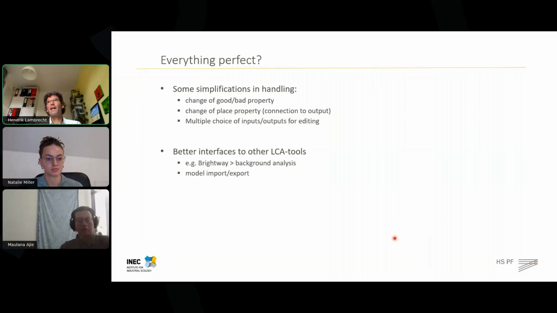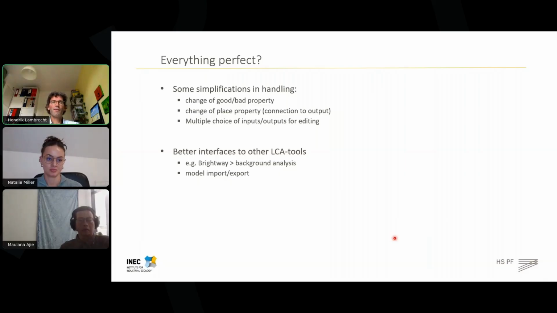And one thing that I find really important is that we need better interfaces between Umberto and other LCA software. I think this would be a very important thing, for teaching but also for research. For example, I mentioned Brightway.